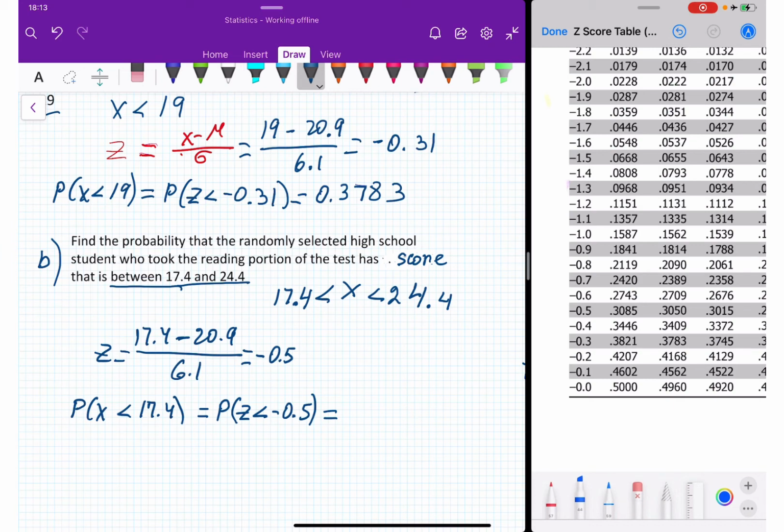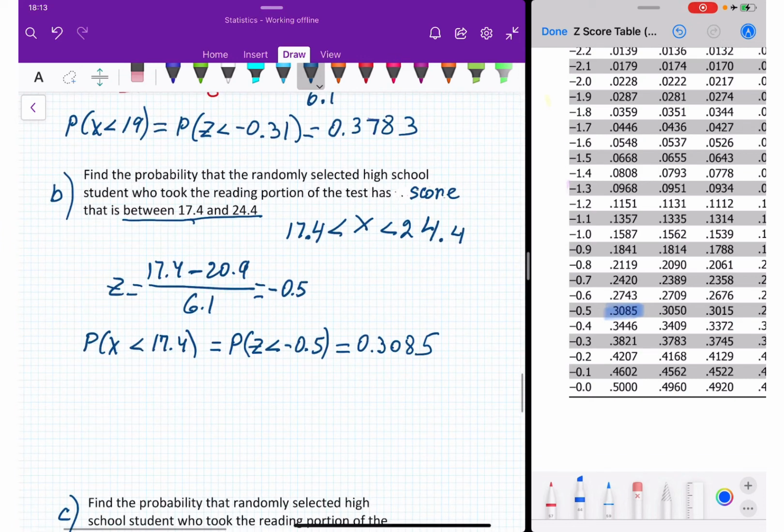Here it is, negative 0.5 and 7. It's going to be 0.3085.